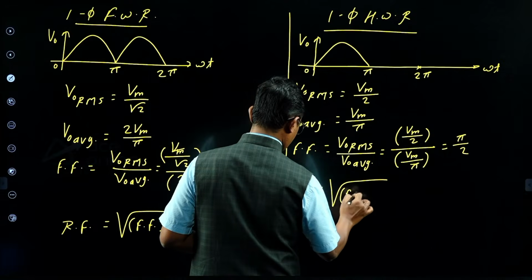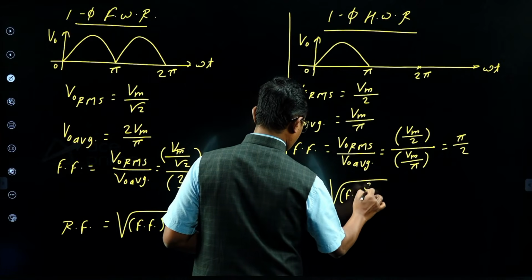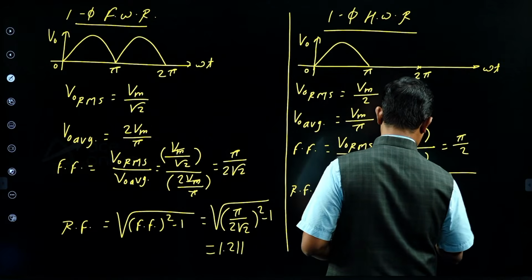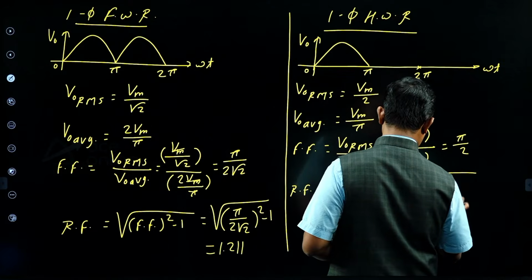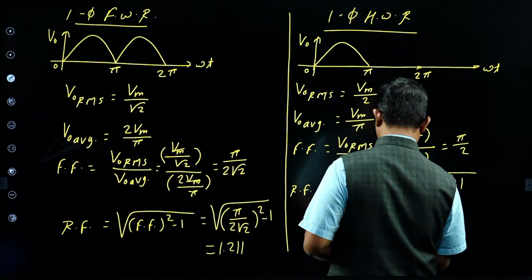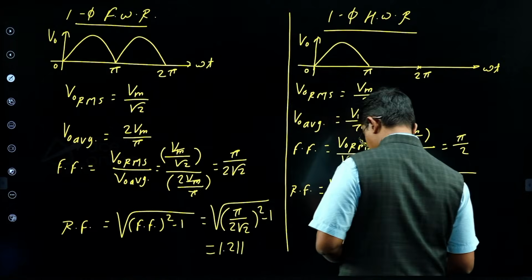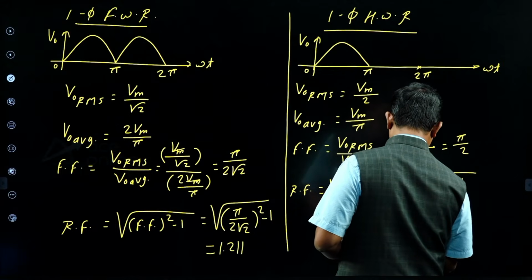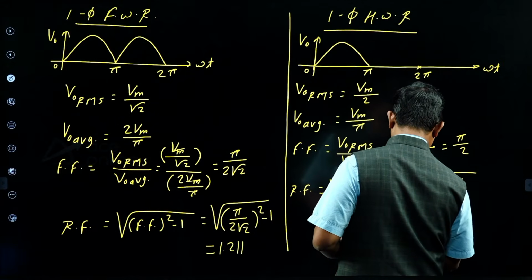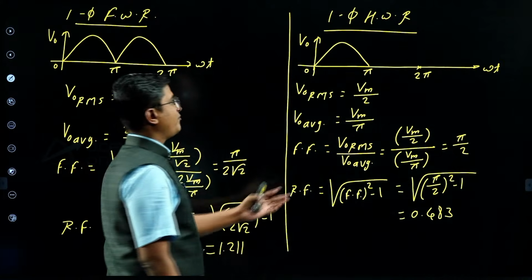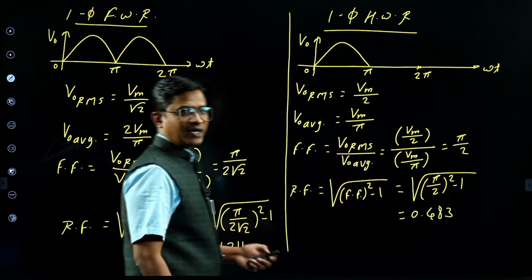Under root form factor square minus 1. So it is 0.483, right? This is the ripple factor in case of half wave rectifier.